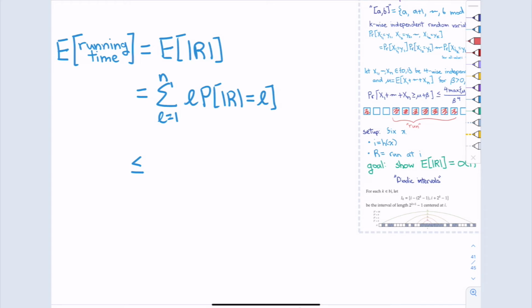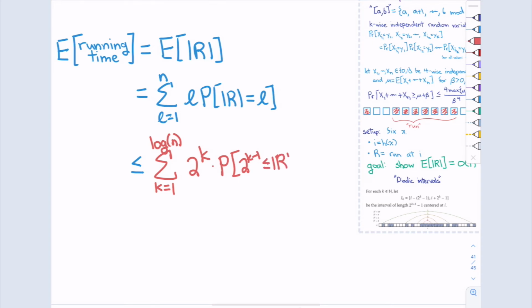But what we're going to do, it seems sloppy, but it turns out to be very useful, is that we're going to bucket and round up in powers of 2. So I might say 2 to the k times the probability that R is at least 2 to the k minus 1 and at most 2 to the k.